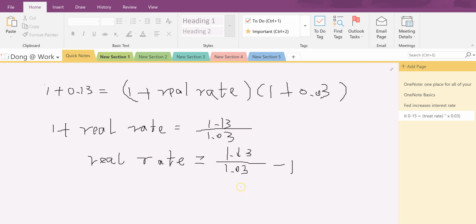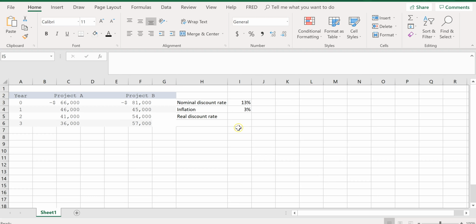So now let me put the right hand side into my Excel sheet, right? Going back to my Excel. So real rate equals 1.13 divided by 1.03 minus 1. Even though it looks like it's rounded, in real calculations it's not rounded.